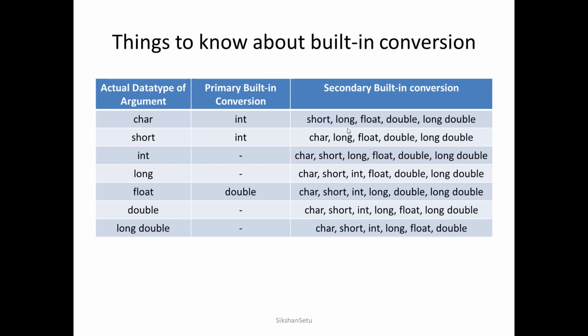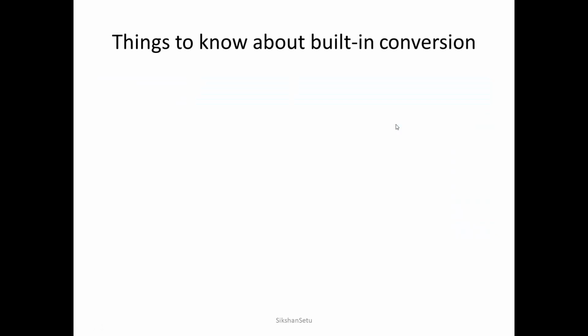But the problem comes here. If character is not there, integer is not there, and among these any more than one, like any two, exist, then ambiguity is generated. The same thing we understood with the previous example.